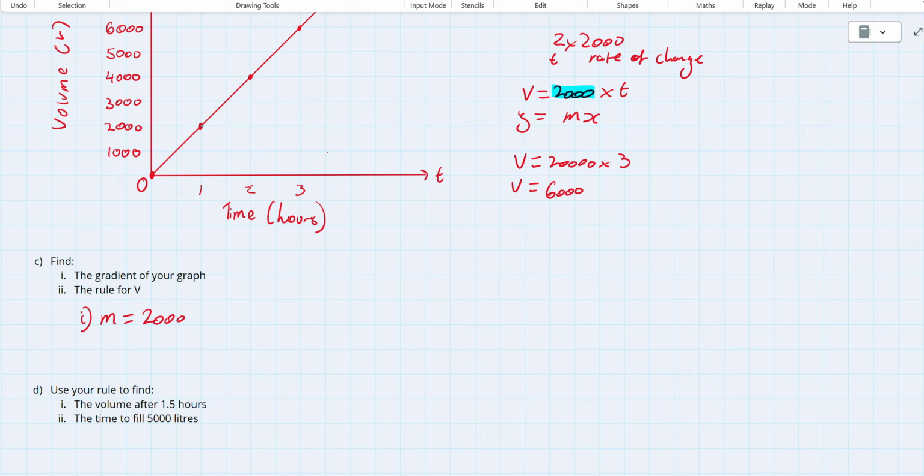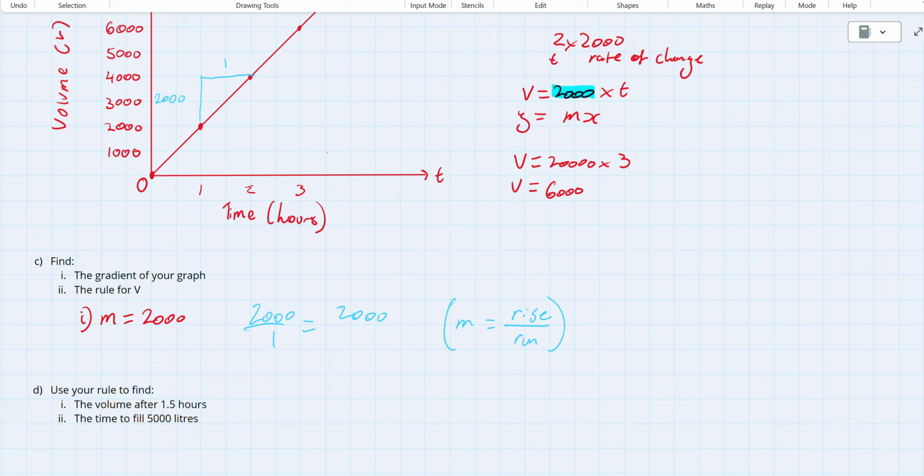You could look at any data point. Let's choose this data point. To get to the next one, it goes from 2,000 to 4,000 across 1 hour. So that is 2,000 over 1, which is 2,000. And if you've forgotten how that works, m equals the rise of the coordinate over the run of the coordinate.